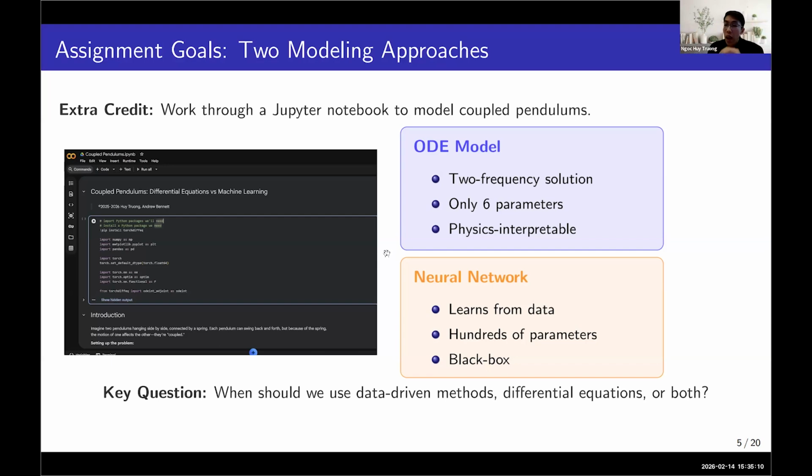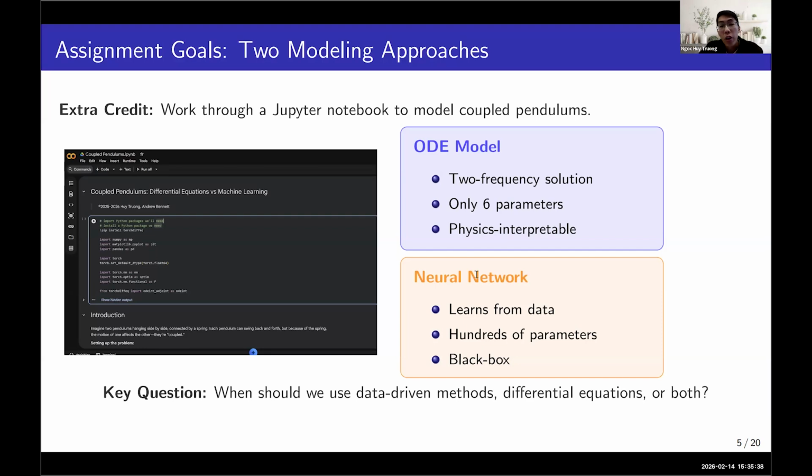In this assignment, you have two main approaches. The first one is the ODE model. From the equation we just derived, it produces a solution with two frequencies and four amplitude parameters, so you have a total of six parameters here. On the other side, we have the neural network.